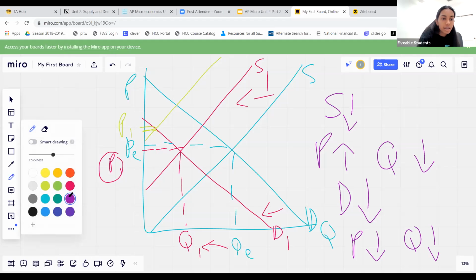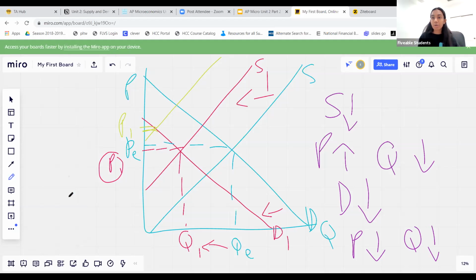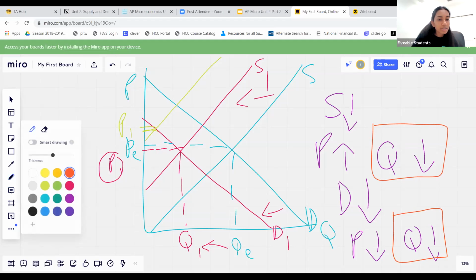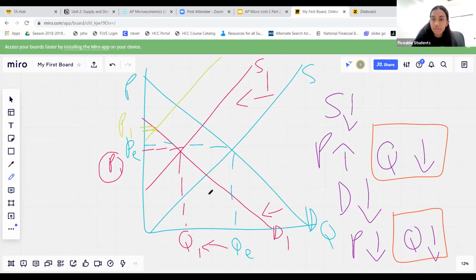And now we can actually see what's indeterminate and what's not. Since we're combining a decrease in supply and a decrease in demand, quantity in both of these situations decreases. So this is determinate. We know definitively that when both of them shift, quantity is going to decrease. But as you can see, when supply and demand both decrease, price is increasing in one case and decreasing in the other case.